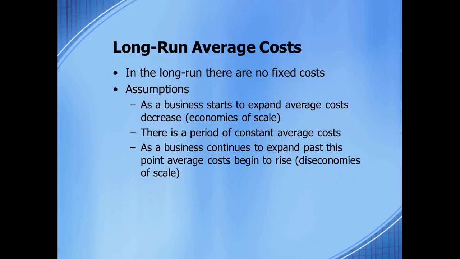And we see the economies of scale, for example, the cost per unit of production starts to fall. And then we get this period of constant average costs, where we see no additional costs. And then finally, as a business continues to expand, the average costs begin to rise, and then we start seeing these diseconomies of scale.